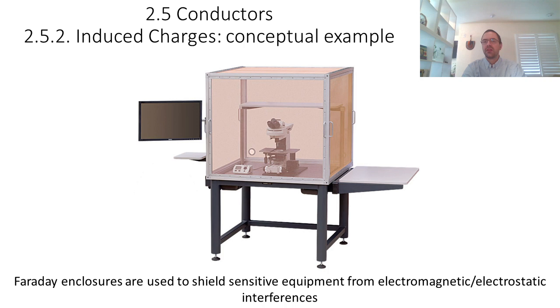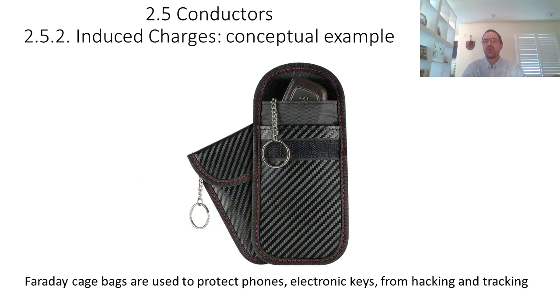If you have a sensitive equipment, for example, that you want to protect from electromagnetic or electrostatic effects, you put it inside a metal box, inside the cavity. Faraday cage bags are also used, for example, to protect phones and electronic keys from hacking and tracking, or unfortunately, they can also be used by shoplifters to bypass the security systems.